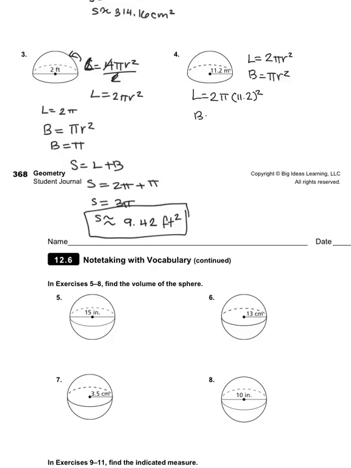And then for my base, I'm going to do pi times 11.2 squared. Then I'm going to add the 2. So my surface area is going to be 2 pi times 11.2 squared, and then plus my base, which is pi times 11.2 squared. Now, whenever you end up putting this in the calculator, you do end up with your surface area is approximately 1082.24 meters squared.